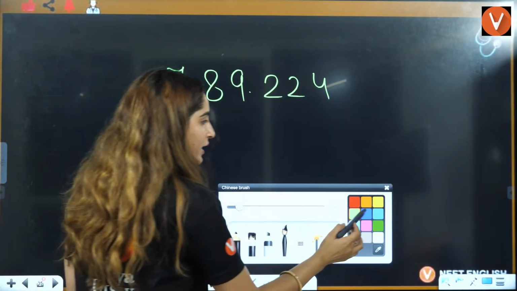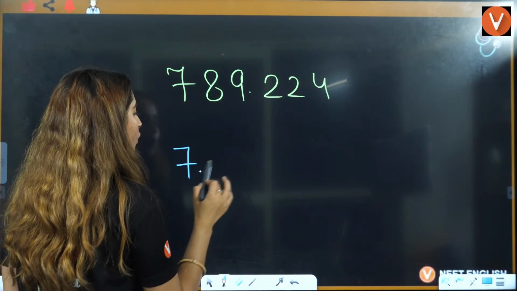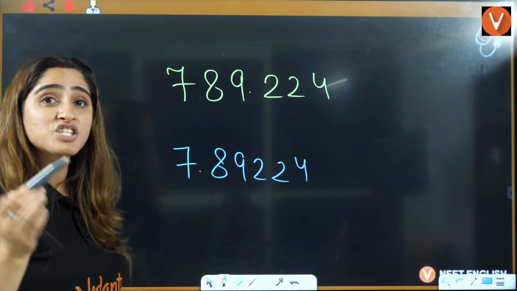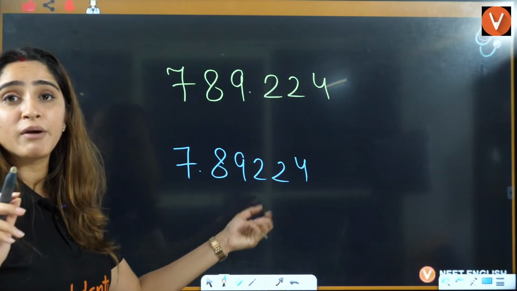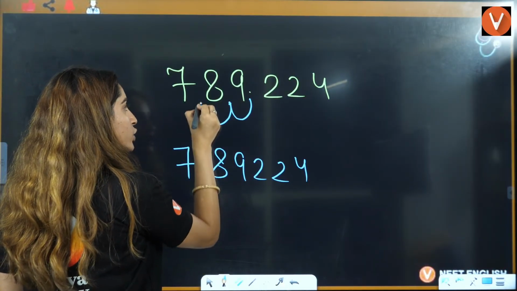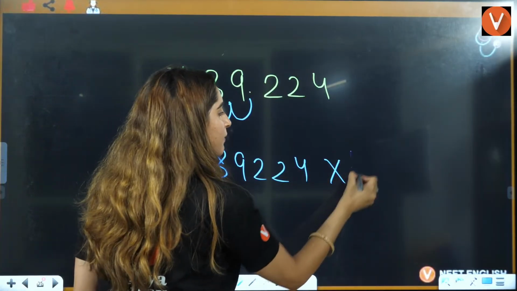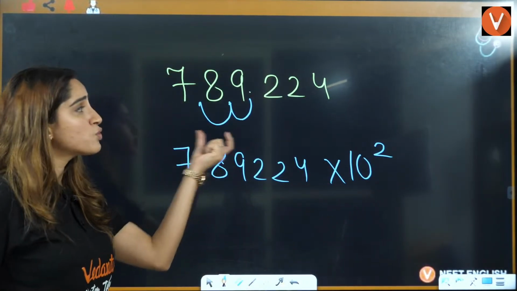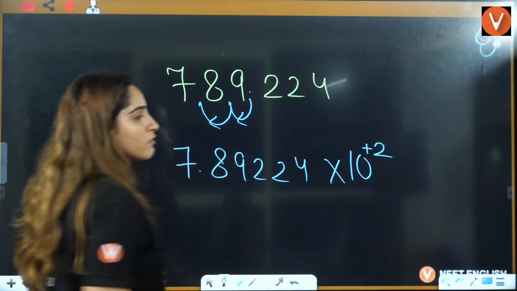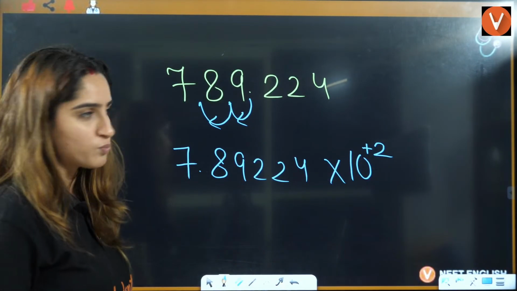I want to make it in the form of 7.89224. Then I should multiply it by which thing? So you are moving the decimal by 1 and 2, so it will be multiplied by 10 raised to power 2, because you are moving it to the left side, so it will be positive here. So it will be multiplied by 10 raised to power plus 2.